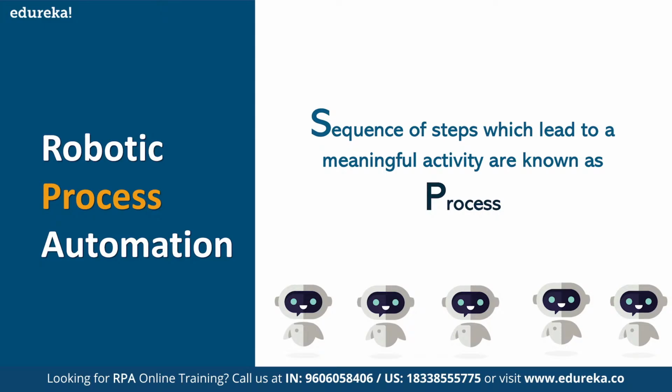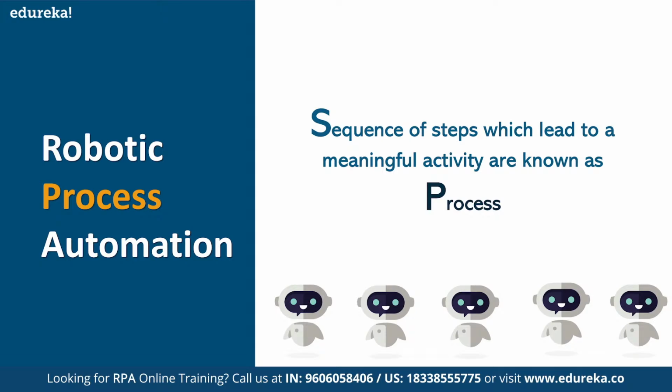At the end of the day, we complete that activity and log off. From morning till evening, we follow a series of steps to accomplish the work assigned to us for that particular day. We might repeat that work many times a day, or if the process is very lengthy, we end up doing one transaction per day. But the work that we do contains a sequence of steps which leads to a meaningful activity, and that we call a process.